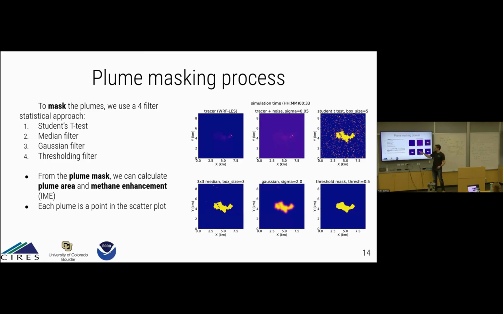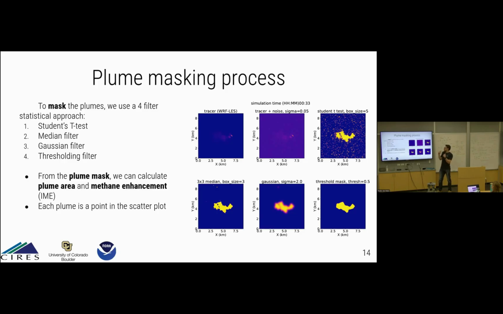Then we apply a median filter to filter out the speckle in the image. Then a Gaussian filter to blur out the image, and a threshold mask to remove the spots in the image. So from the plume mask, we can now calculate the plume area and methane enhancement from this image here. So we can apply the plume mask to the tracer plus noise image and calculate IME.